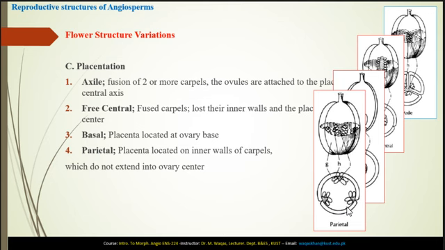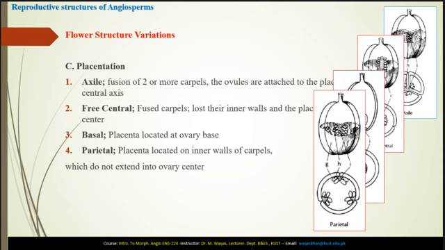It is located on the inner wall of the carpel but does not extend into the center of the ovary. Look, the center of the ovary is completely free, right? So in parietal placentation, the placenta is located on the inner wall of the carpel, which does not extend into the center of the ovary, and this is called parietal placentation, right?